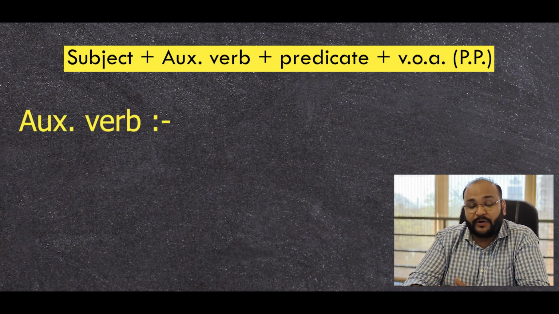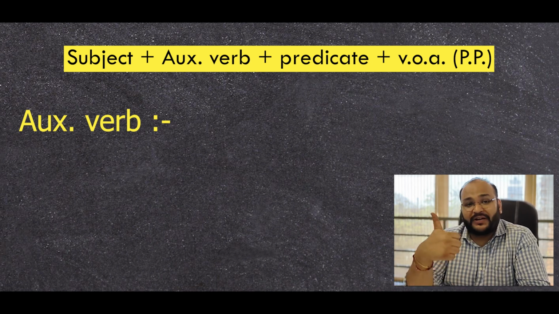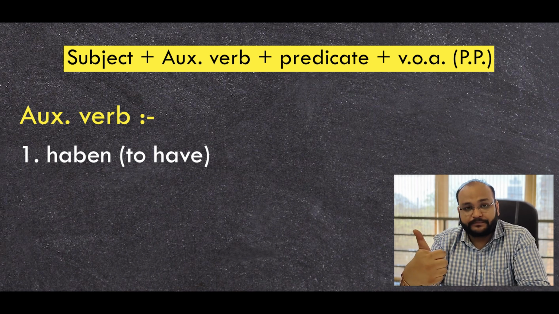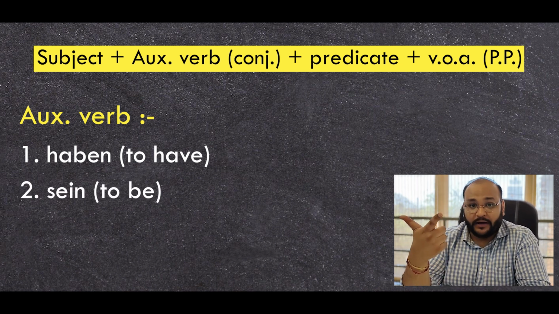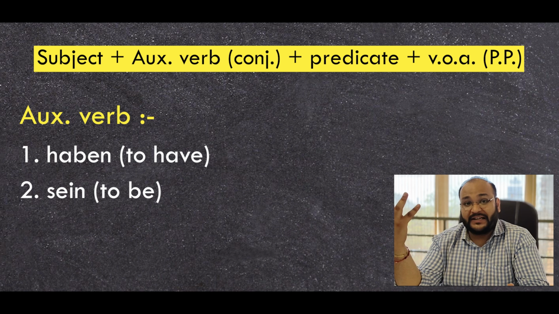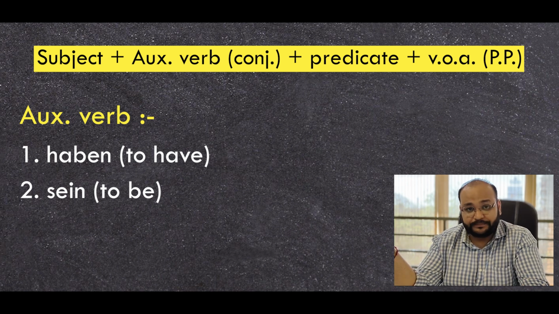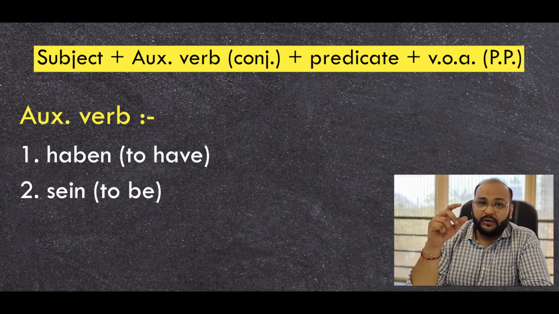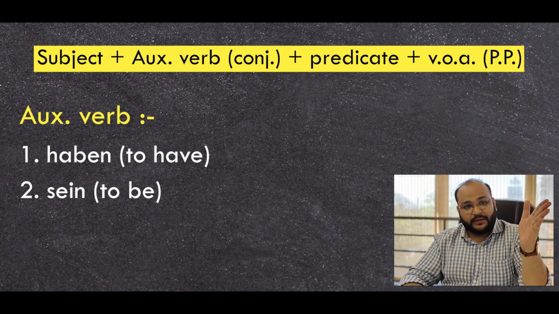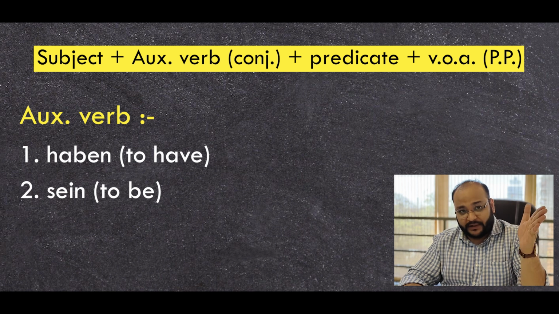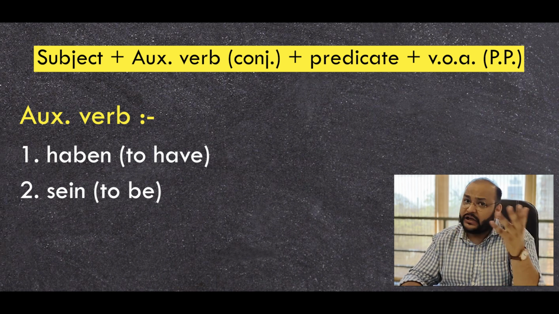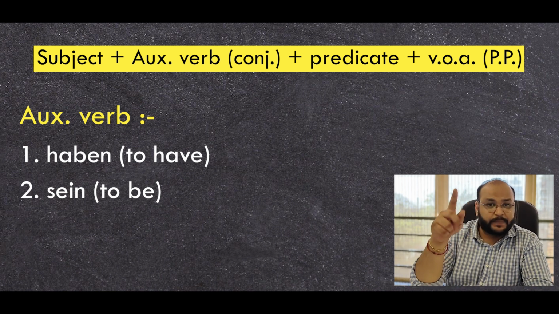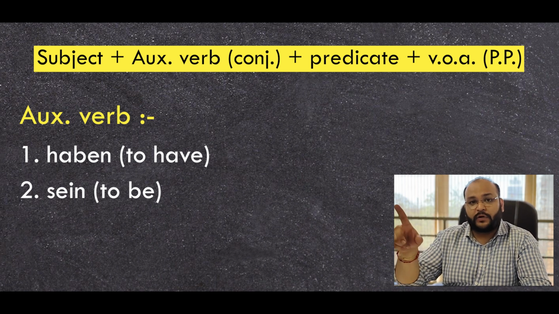As an auxiliary verb or helping verb in present perfect tense in German, the first option is haben, to have. And the second option is sein, to be, as we can also make sentences like it's already done, or I'm done. So once again, the structure would be the subject plus the auxiliary verb, and the auxiliary verb is either haben or sein, obviously in conjugated form, plus predicate plus verb of action, and the verb of action will be in past participle.